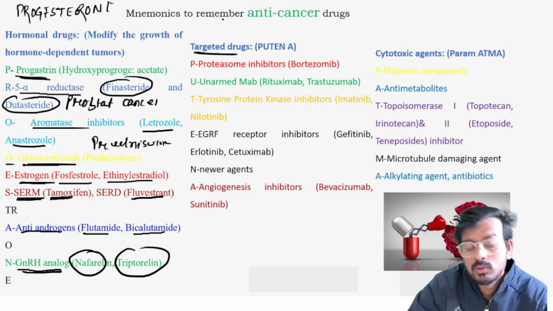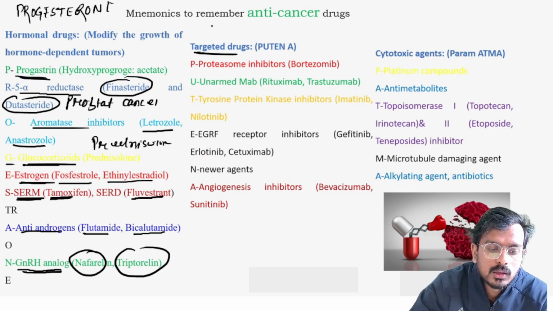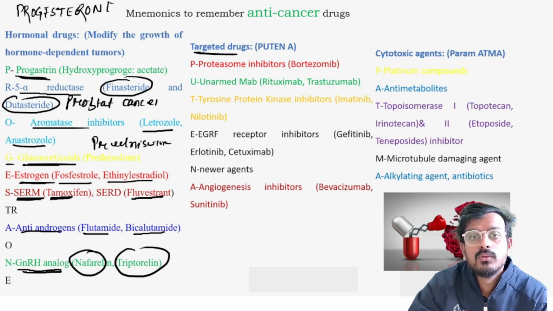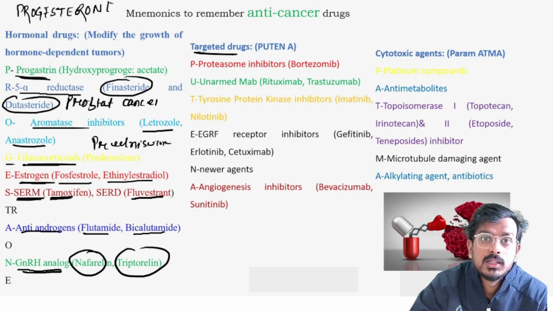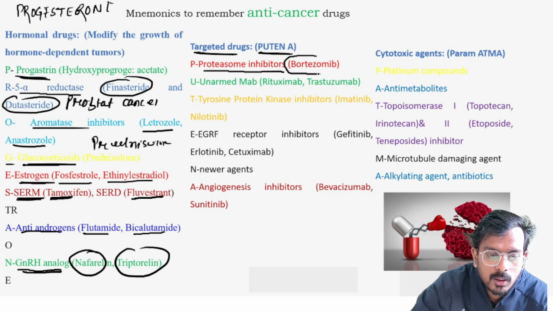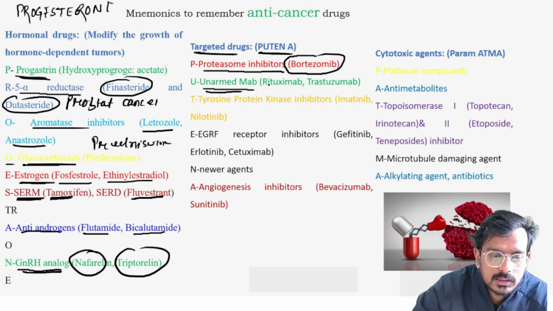Next is targeted drugs. To remember them, you have to remember the president of Russia, Putin. P stands for proteasome inhibitor, an example is bortezomib. U stands for unarmed monoclonal antibody, examples are rituximab and trastuzumab.